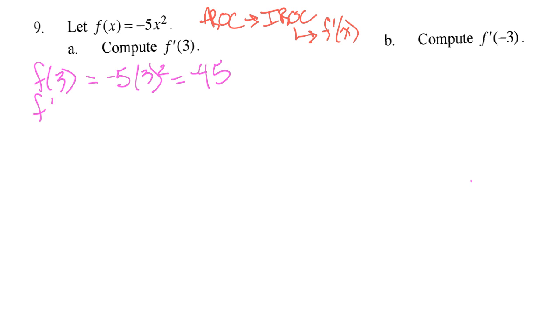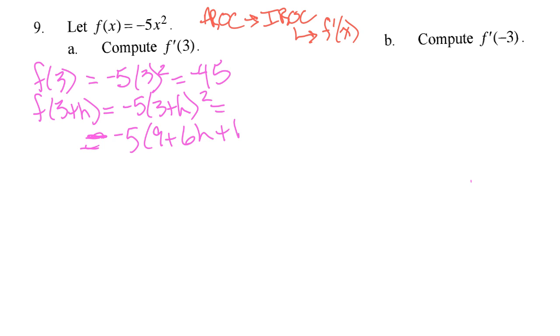And then we need to find f of 3 plus h. Negative 5 times 3 plus h squared. So let's expand 3 plus h to get 9 plus 6h plus h squared.